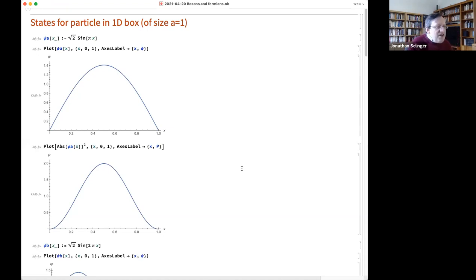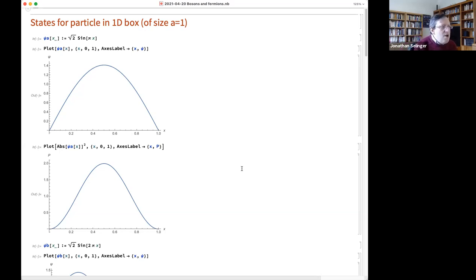Let's do the example of two particles in a one-dimensional box. Okay, because the one-dimensional box was the first thing we did this semester. It's like the simplest example that we can always come back to. Okay, so suppose we have two particles in a one-dimensional box.